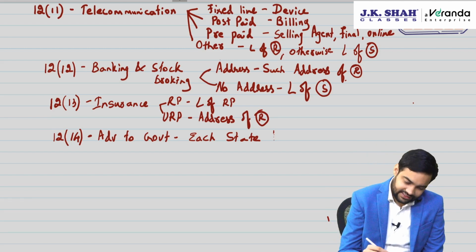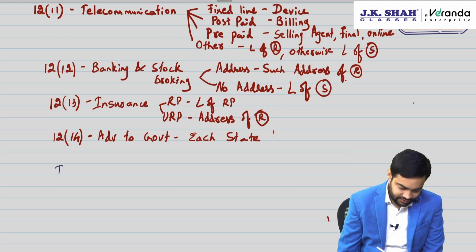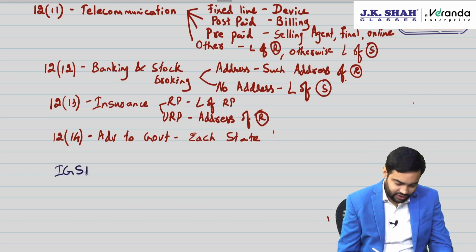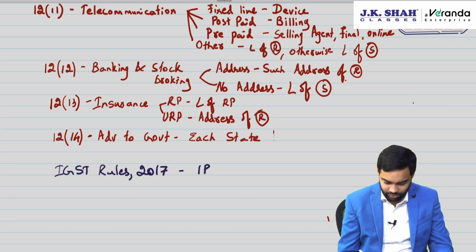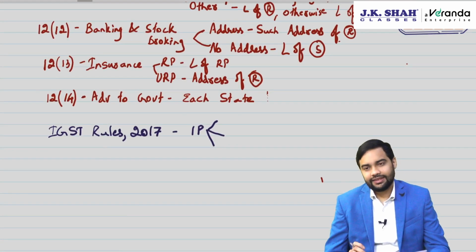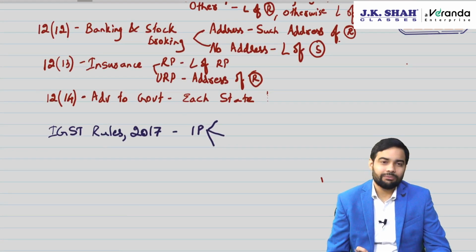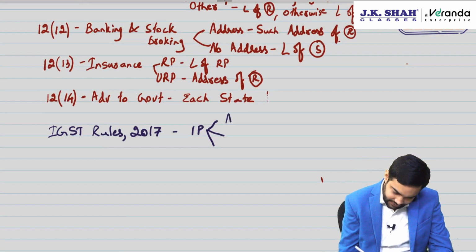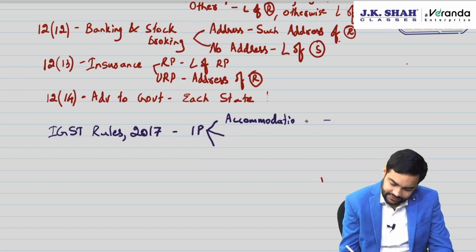Also, IGST rules provide that in case some detailing is not available in the contract and it is in more than one state, then how do you divide it? Like if it is immovable property related and the contract is for two immovable properties located in two different states. If it is accommodation related, then based on number of nights.